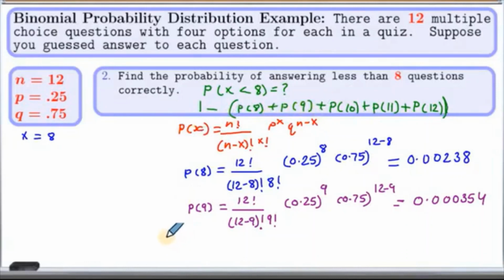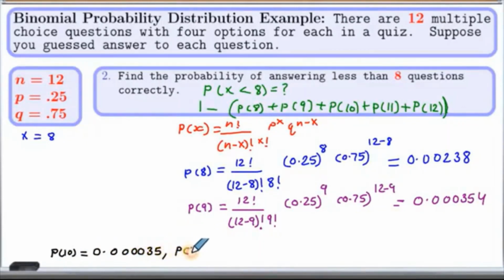Now using the same formula here, you can easily calculate probability of 10, probability of 11, and probability of 12. Here I will just list those probabilities. Probability of 10 equals 0.00035.